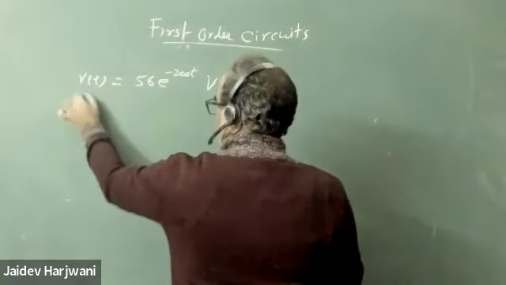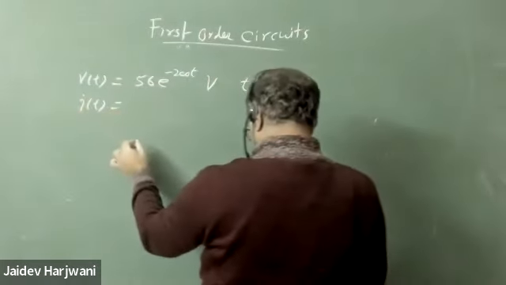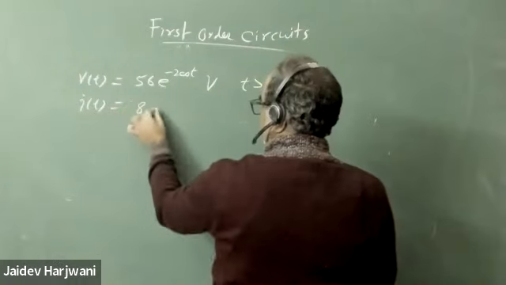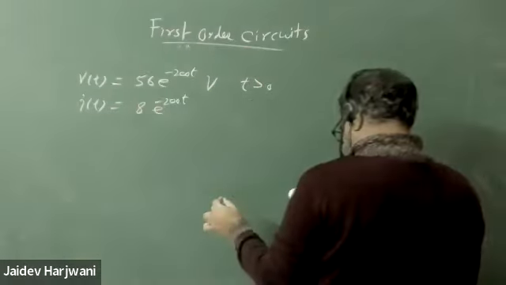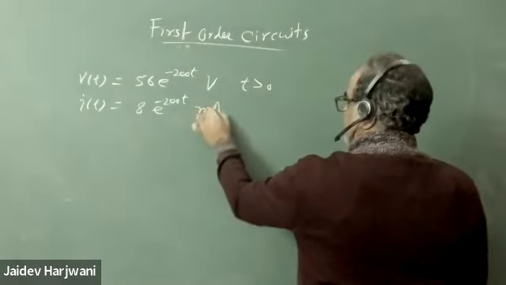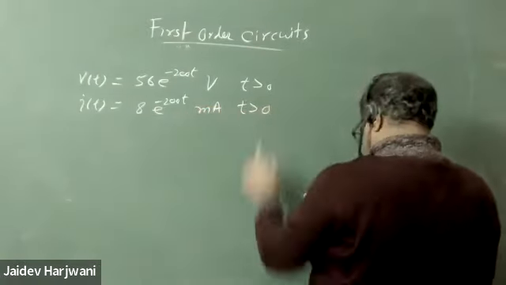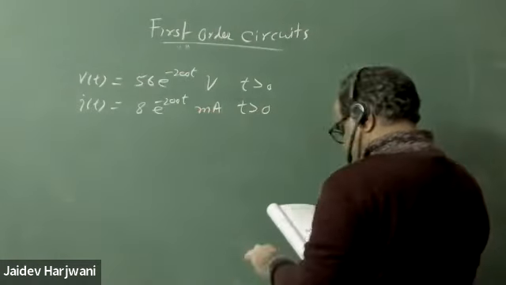It is equal to 8 e power minus 200t milliampere at t greater than 0 time. So this is given.